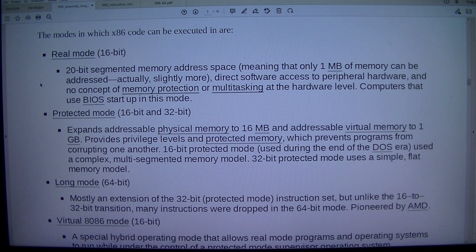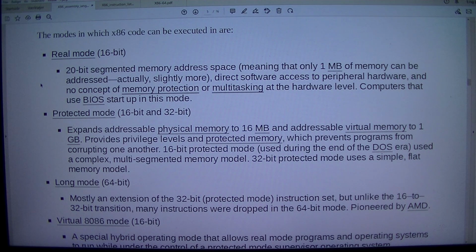Computers that boot start up in this mode. Protected mode, 16-bit and 32-bit, expands addressable physical memory to 16 megabytes and addressable virtual memory to 1 gigabyte. It provides privilege levels and protected memory, which prevents programs from corrupting one another.